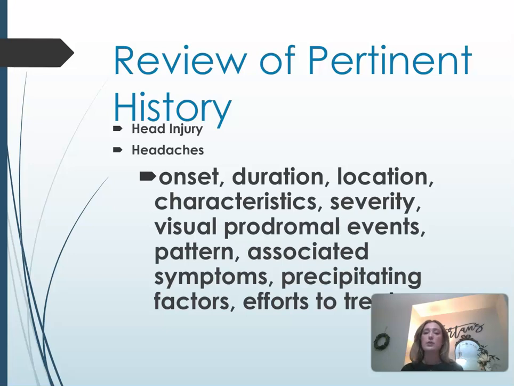This is when you hear some people say they have an aura before a migraine. This could be blind spots or flashing lights. It can look different for whoever is experiencing it, but these are symptoms that a lot of times occur before a migraine. Could be nausea, things like that.